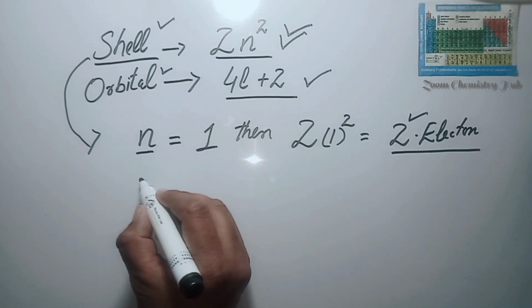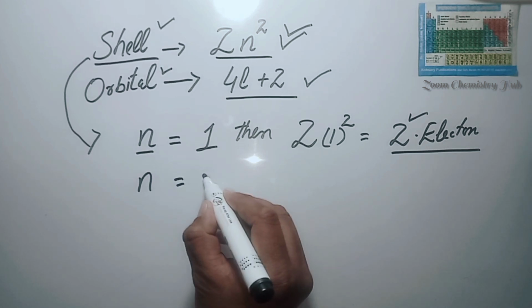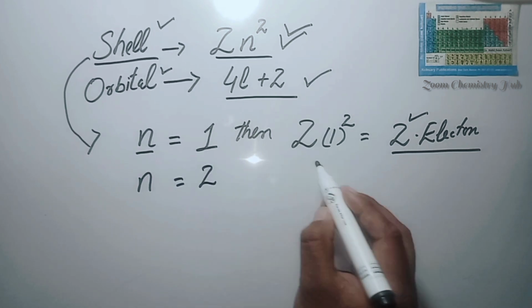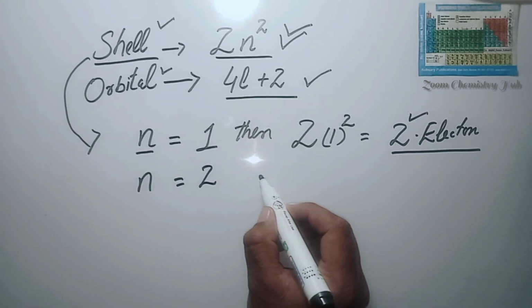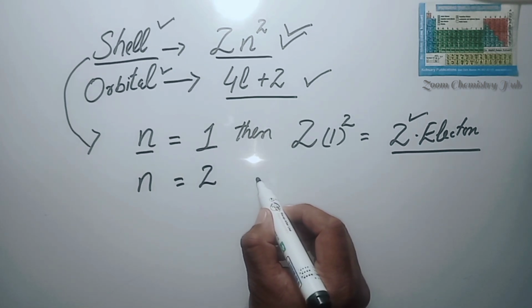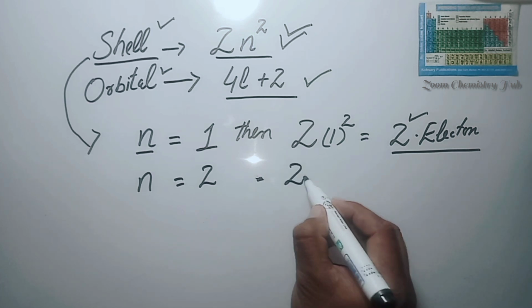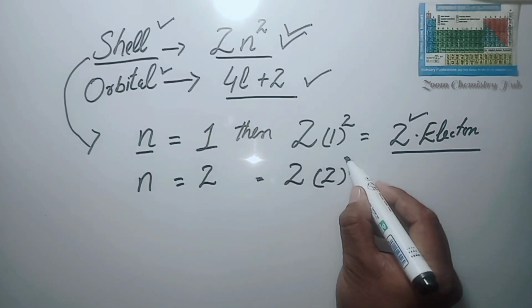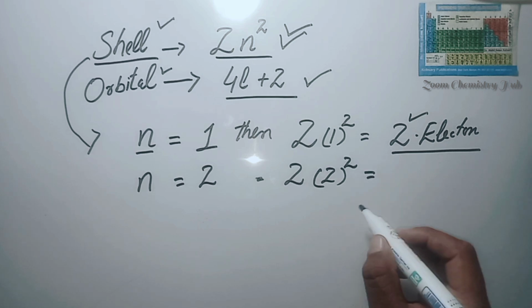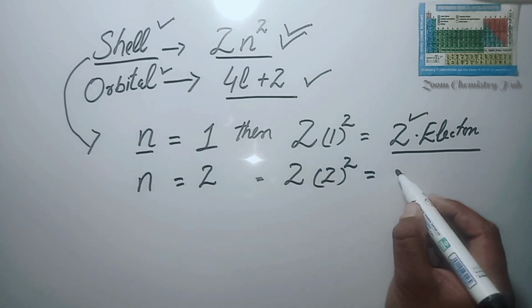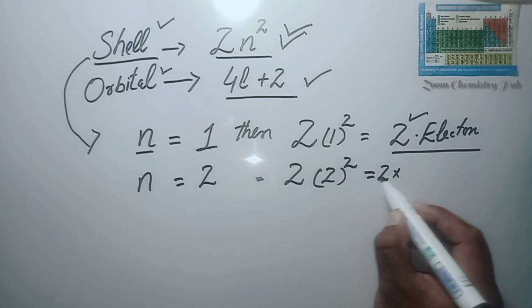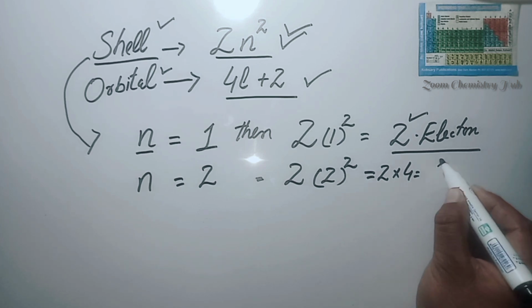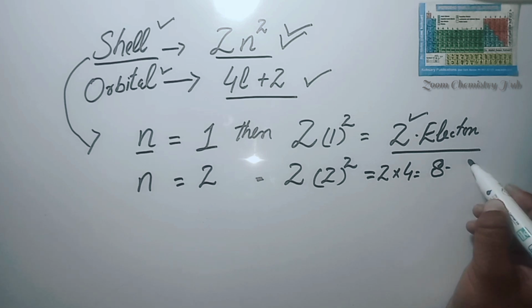Similarly for the second shell, that is n is equal to 2, the electrons according to the 2n square formula we can calculate: 2 into the square of 2, that is 2 multiplied by 4 is equal to 8. So in the second shell the maximum number of electrons is 8.